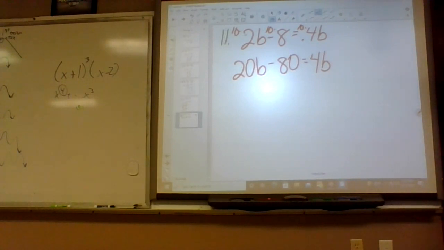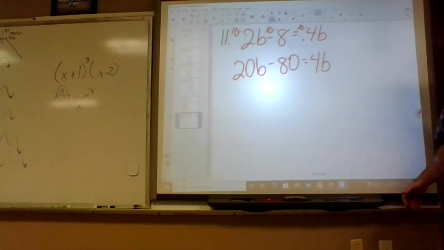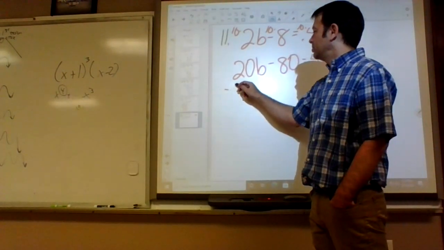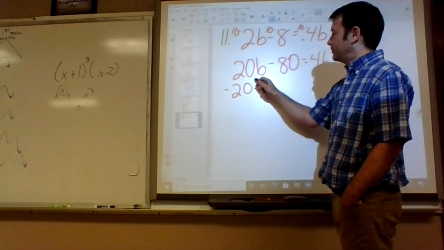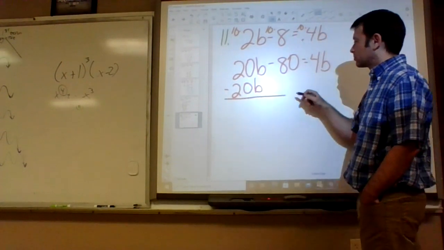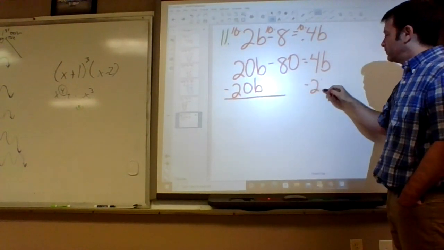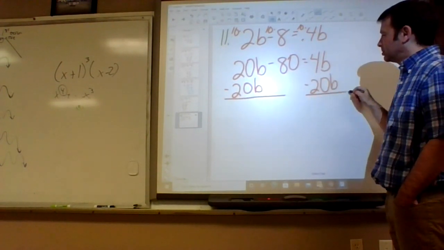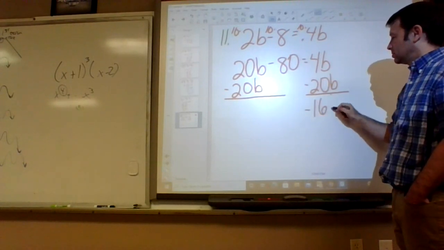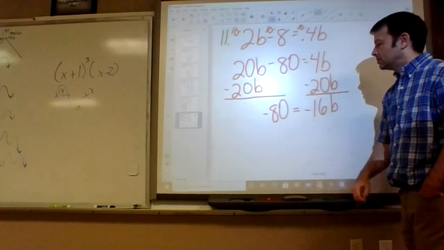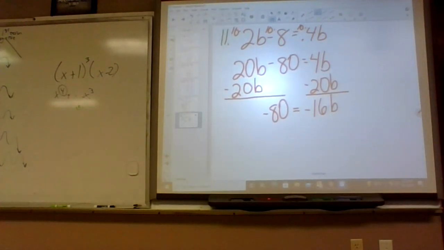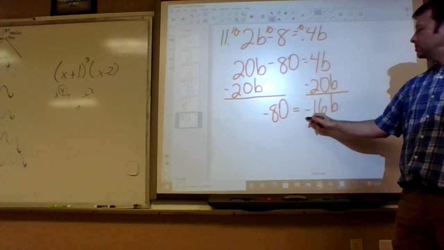Now, what do I do if b's are on both sides? Subtract. Since the only thing I have on the right is the b's, I'm going to move everything away from the left. 4 minus 20, negative 16b. Divided by negative 16.